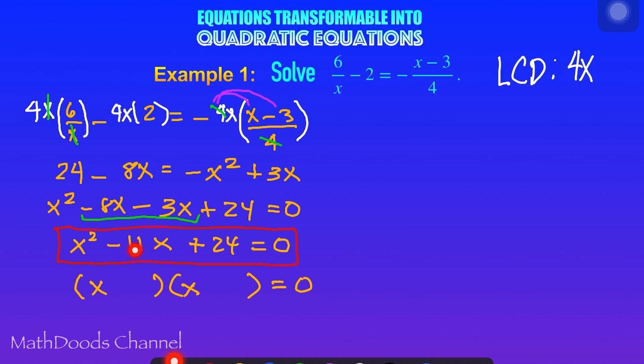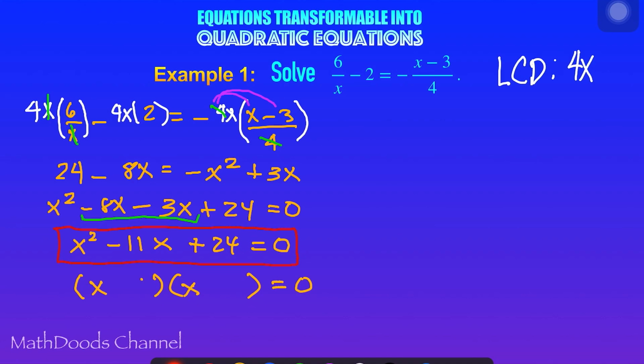Pero kasi, mahalaga dito yung negative 11x. Pag pinactor nyo sila, dapat lalabas itong negative 11x pag minultiply. No? Minultiply yung outer terms saka inner terms. Dapat pag inadd sila, dapat negative 11x ang sagot.